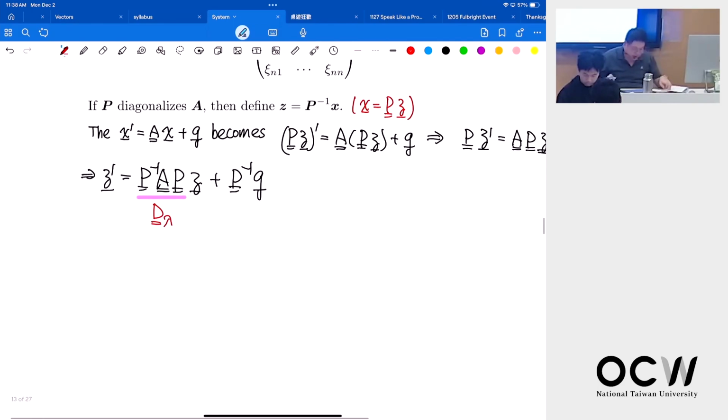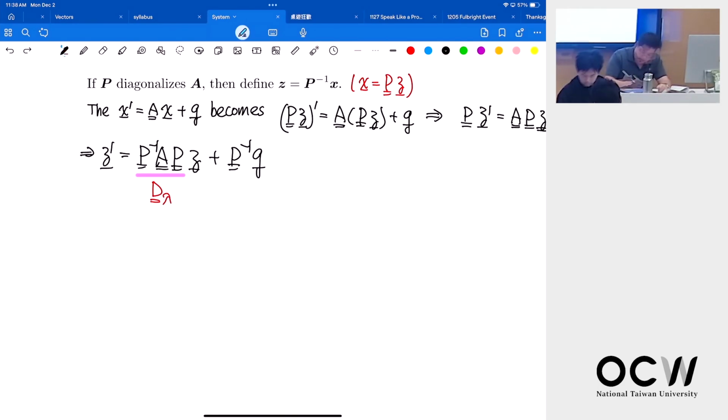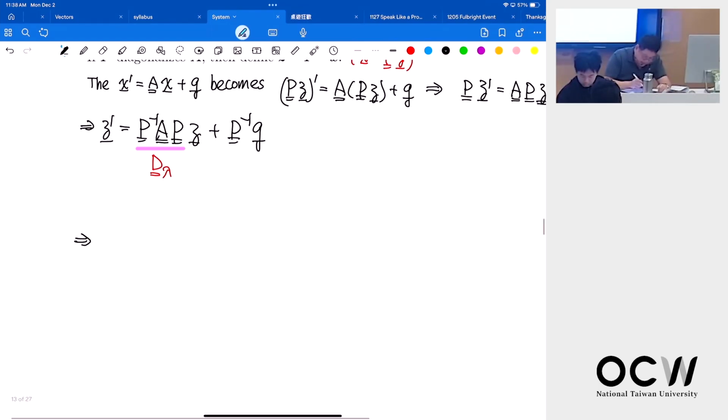So now let's see this equation. z prime is z1 prime, z2 prime, to zn prime.